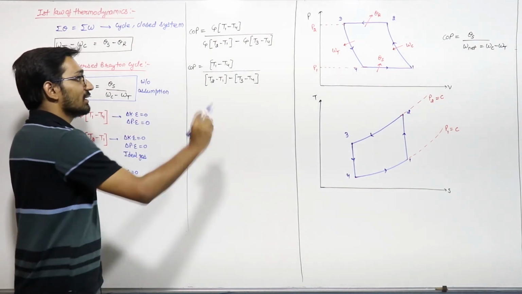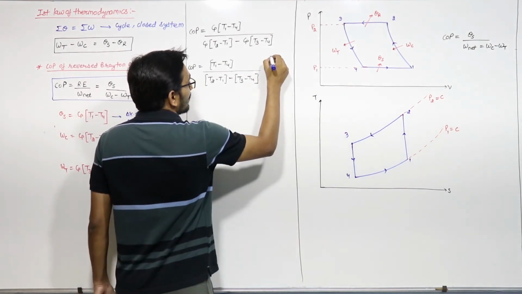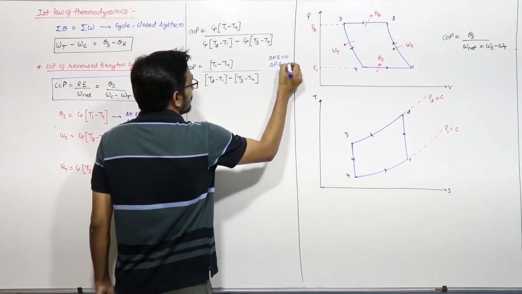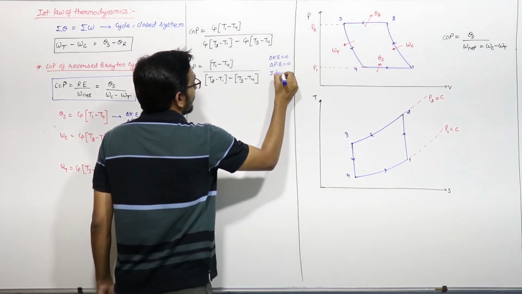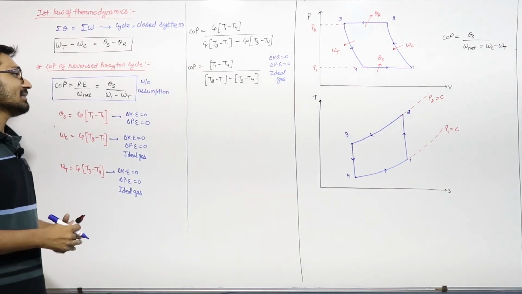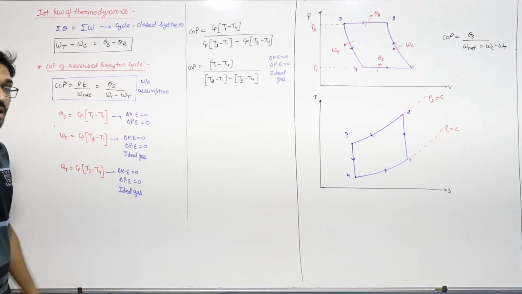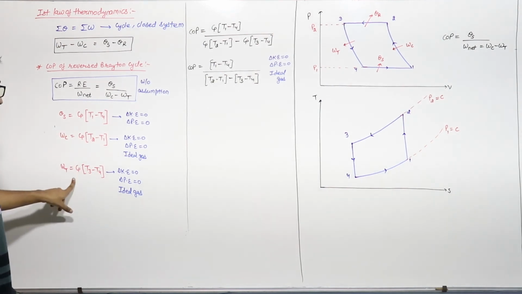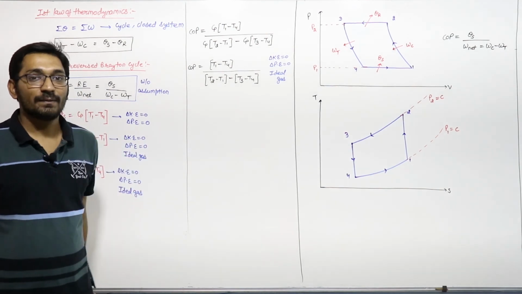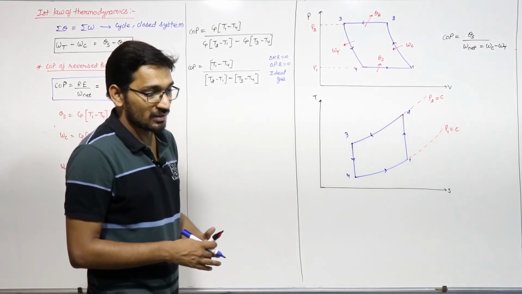Just pay attention here. The assumptions of using this in terms of temperature are changes in kinetic energy 0, changes in potential energy 0, and ideal gas. This is the point where students make a mistake: they use this equation for real gas also, but you can't use this equation for real gas, because WC and WT in this form can only be written for ideal gas, with these two assumptions of zero changes in kinetic and potential energy.